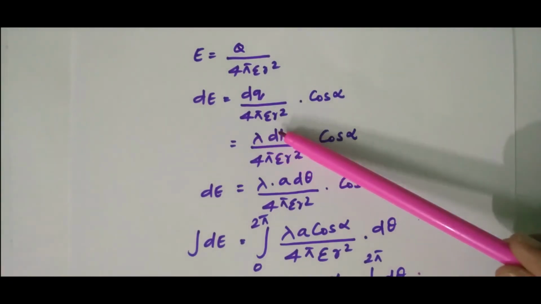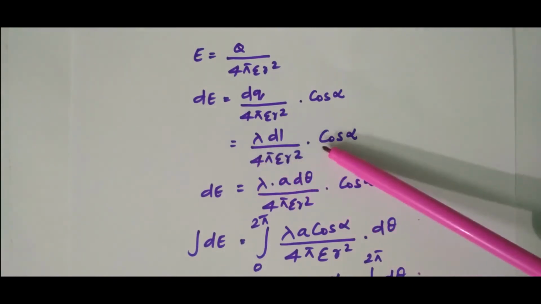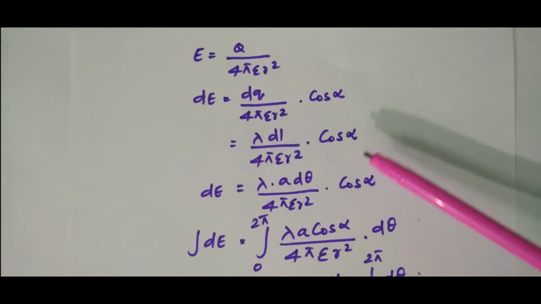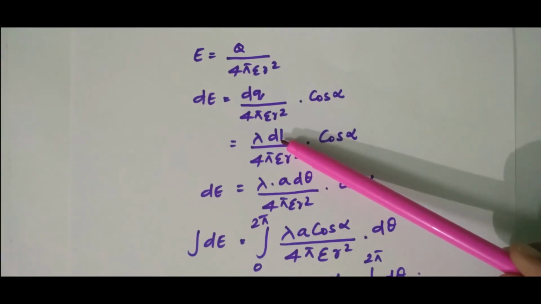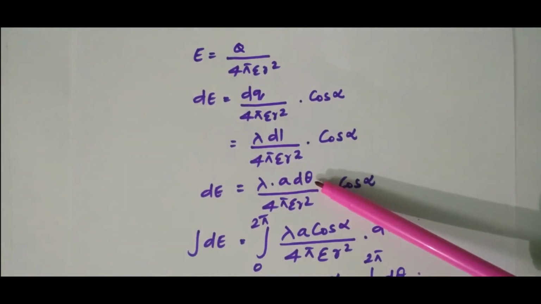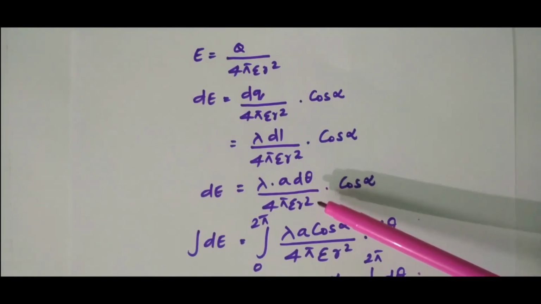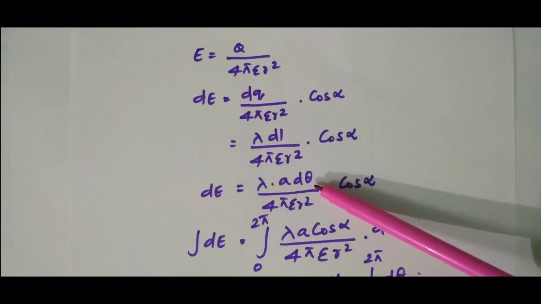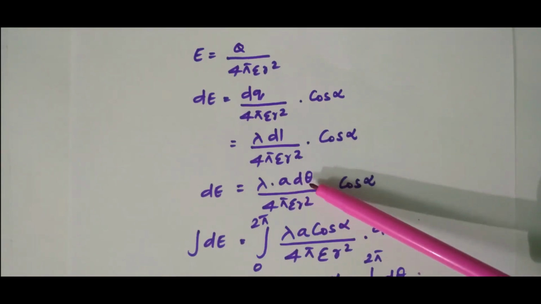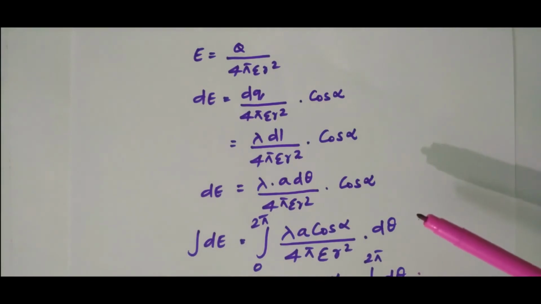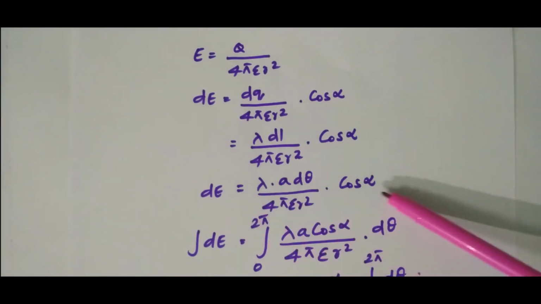So dE equals lambda dl divided by 4 pi epsilon R square into cos alpha. This dl is nothing but the arc length, a d theta, radius times theta. When the circle rotates, theta varies, so dl can be replaced by a d theta. So this is only the small electric field.